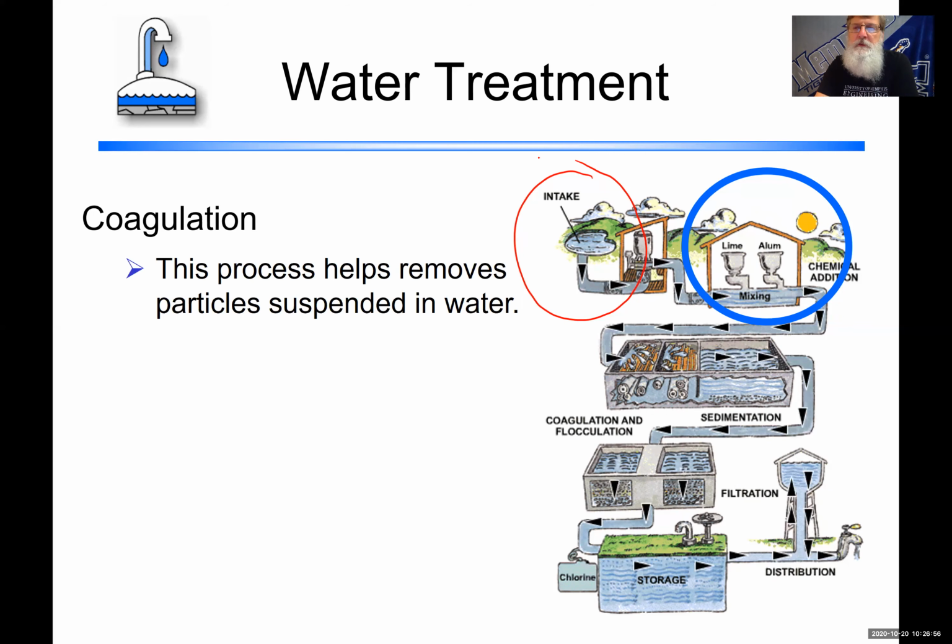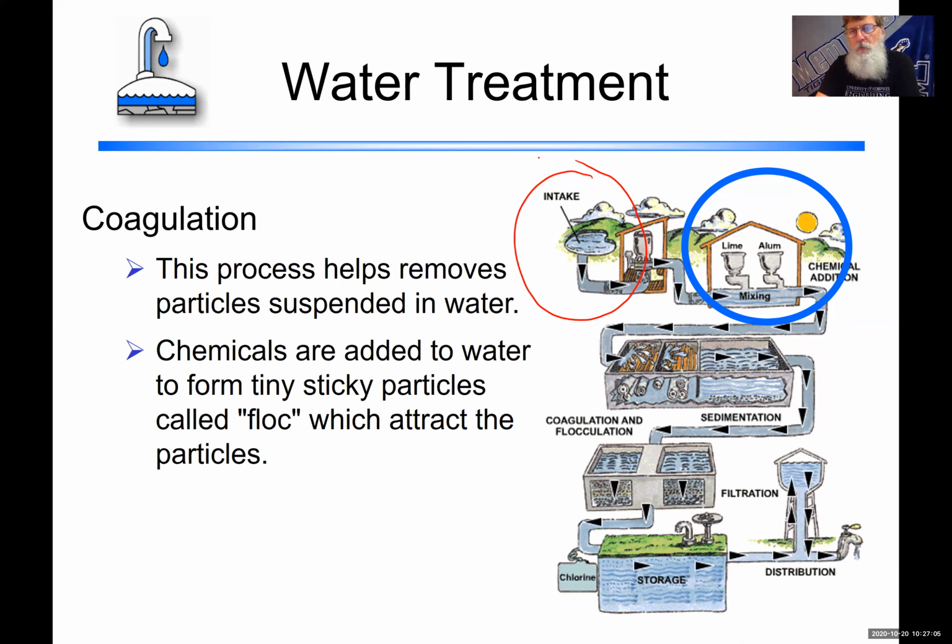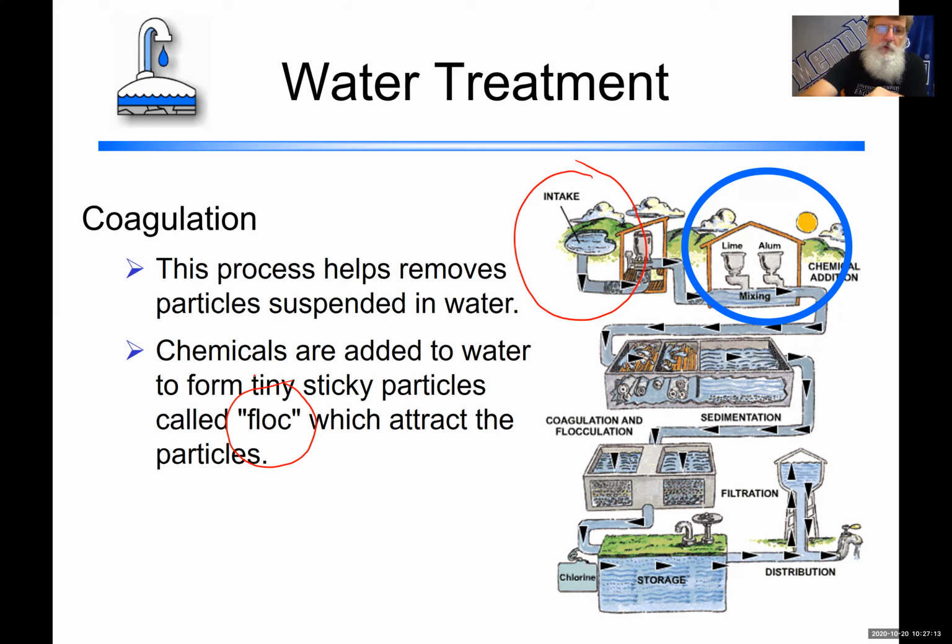They're so small that they will stay suspended and we won't be able to get them out. So what this coagulation process does is chemically, it helps these small particles stick together and form larger and larger particles. We call this flock. And these larger flock particles then gain enough mass that they will fall out in a sedimentation system.